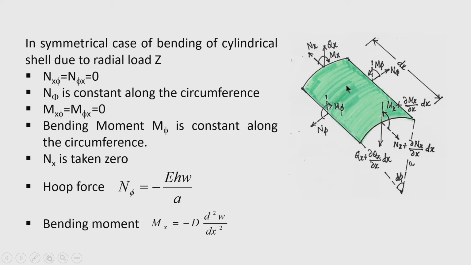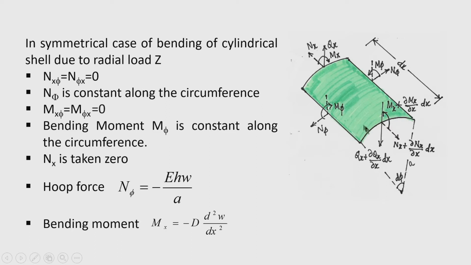By virtue of that we assume that the membrane shearing forces N x phi equal to N phi x is 0, and N phi is constant along the circumference. At any circumferential angle, if N phi is evaluated, you will get the same value.